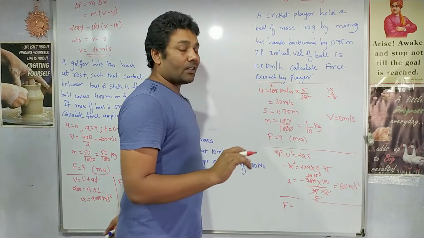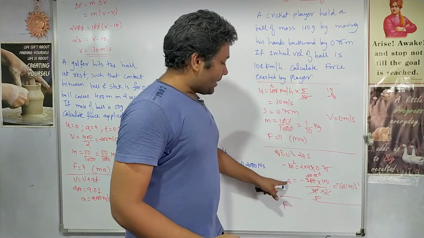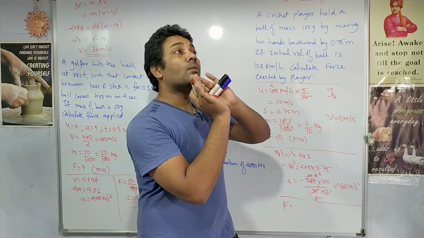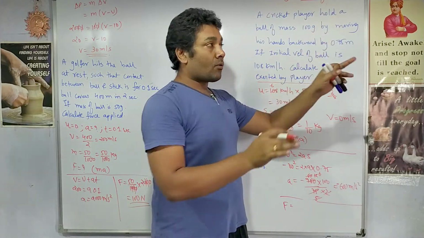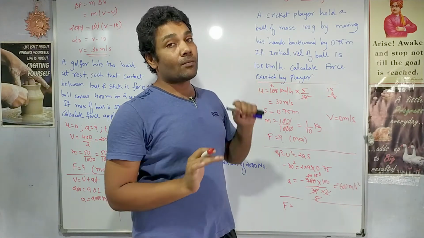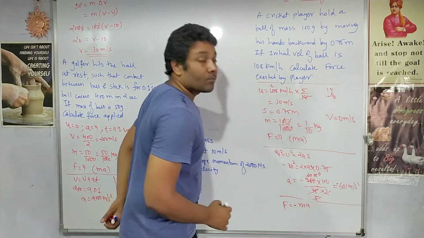Here we are not considering the minus sign. If you want, you can consider it, right? The ball has this acceleration, so the hands have to apply force in the opposite direction. Whatever is the motion of the ball, exactly in the opposite direction we are applying the force. So we can use a negative sign here, minus ma.